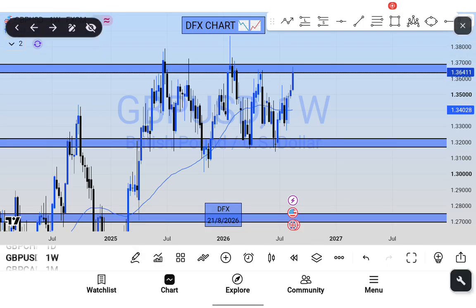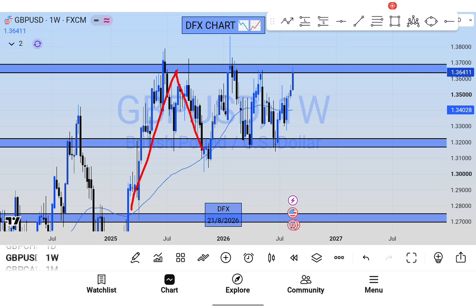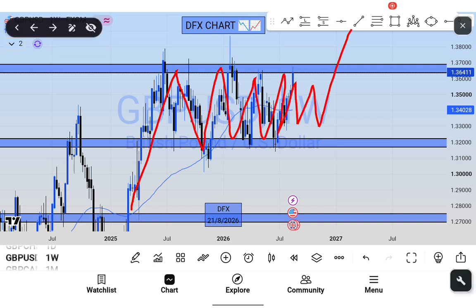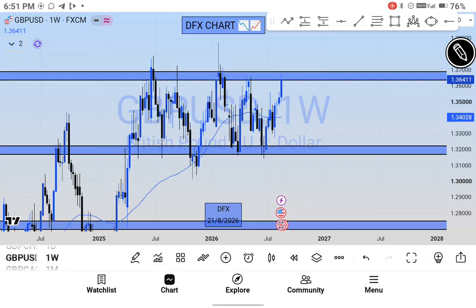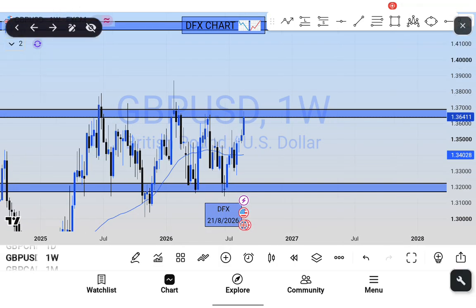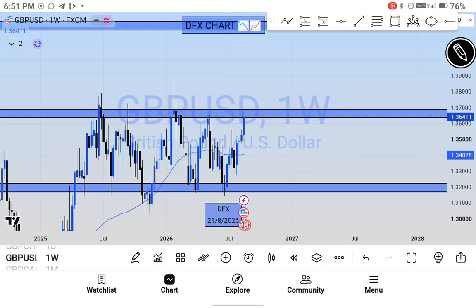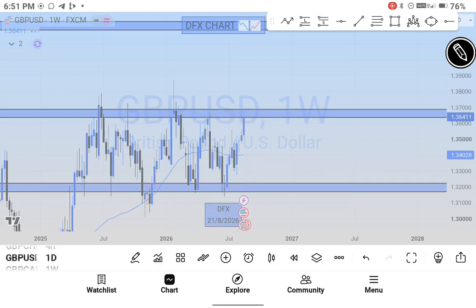So what I'm expecting is, after this range, we expect a break to the upside, right? So this week we'll be waiting for pounds USD to break above and retest, then we start buying to the upside.